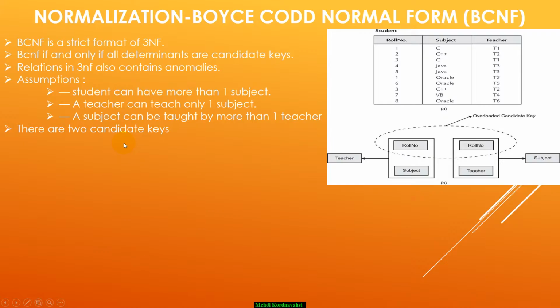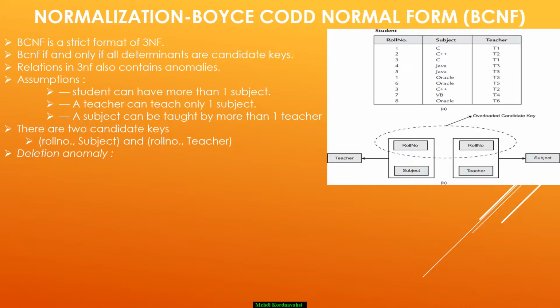There are 2 candidate keys: roll number and subject, and roll number and teacher. Relation student is in 3NF, but still contains anomalies.